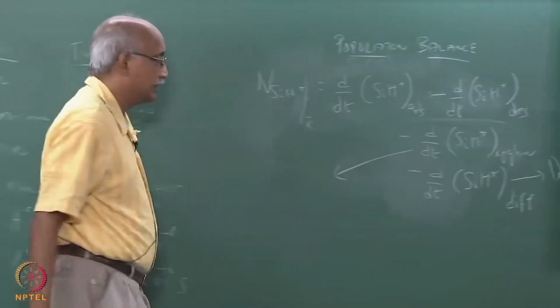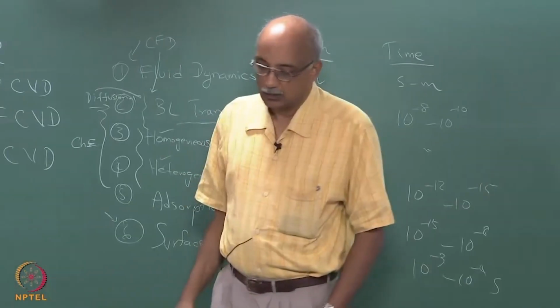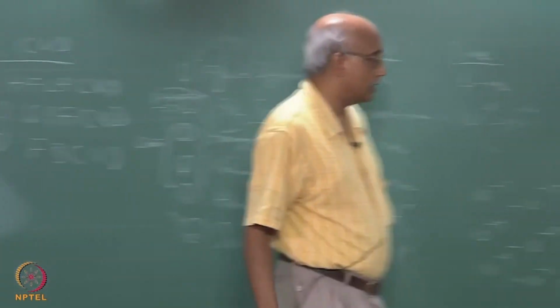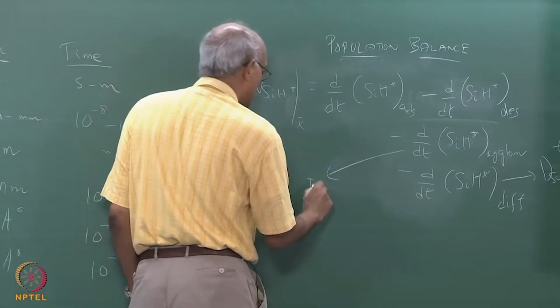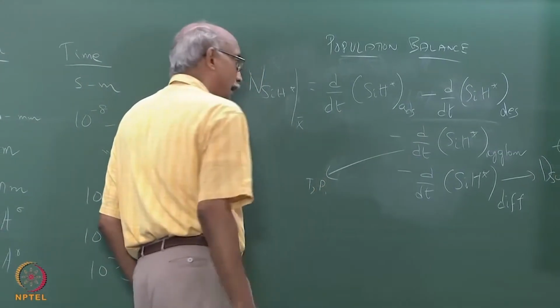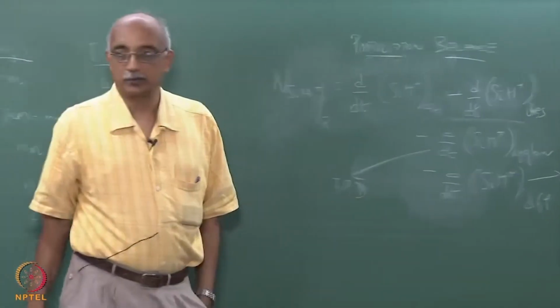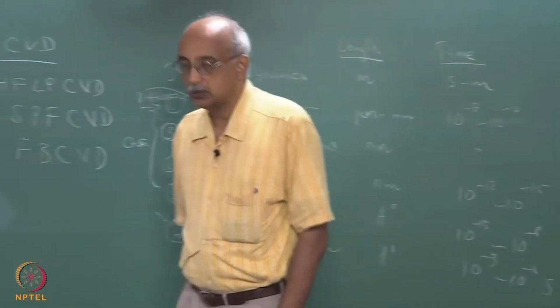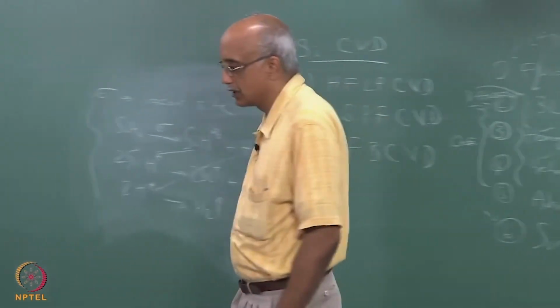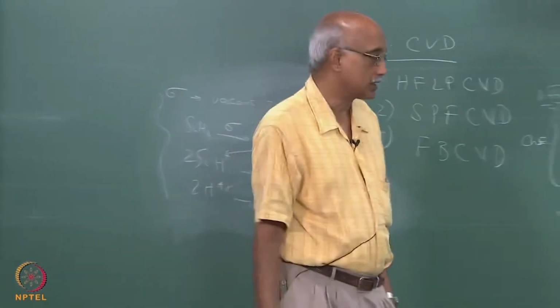This term, the agglomeration term, would be dependent again on temperature and pressure, and the diffusivity term, because all three will play a role in how the adsorbed molecules migrate and find each other.